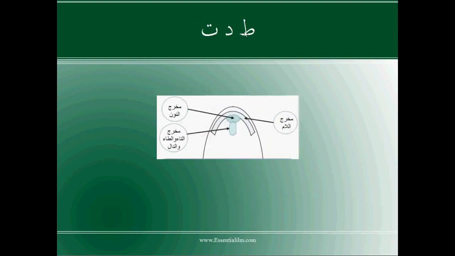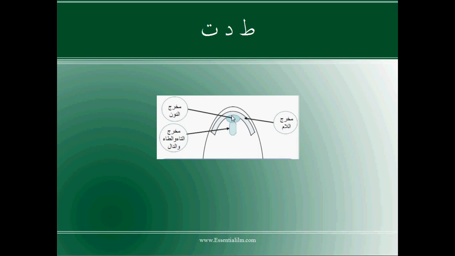Okay, so ta, dal, and ta. Here was lam, here's noon, and here's ta, dal, and ta. So the portion of the tongue slightly behind the noon, this is not too far back on the tongue. Remember, this is the top of the tongue, so this is not too far back. It seems a little bit far back because of the picture, but it's really close to the tip.